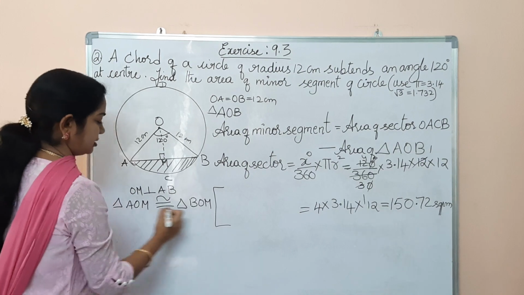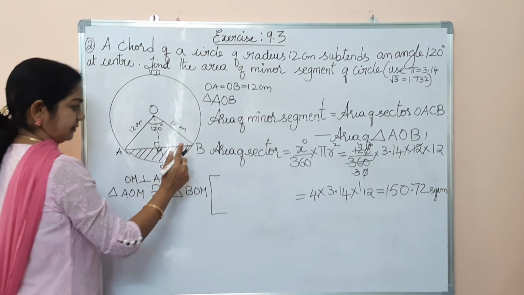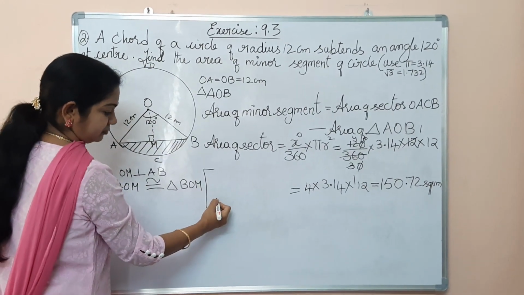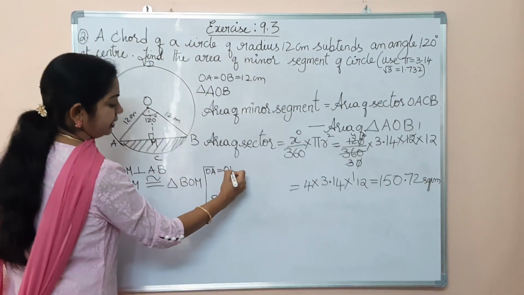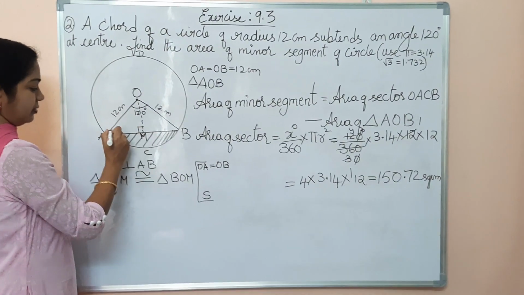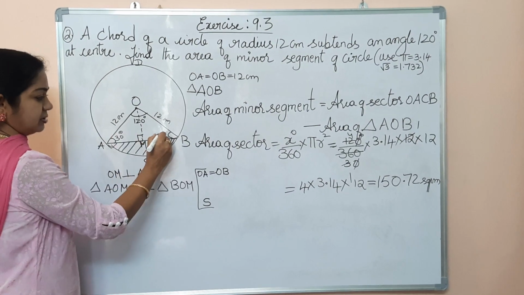How are they congruent? Let's see. We know that the radii are equal. So one side is equal, that is OA equal to OB. And an angle here is 90 degrees, and these two angles are 30 degrees each.